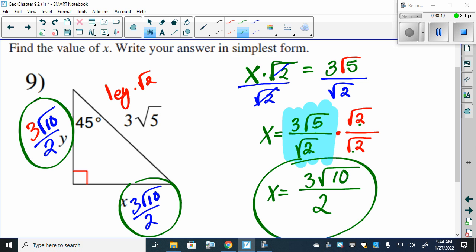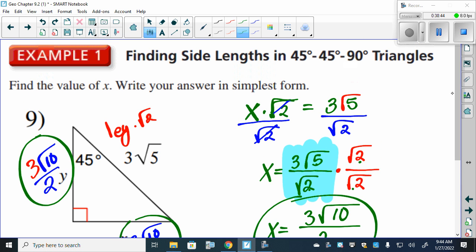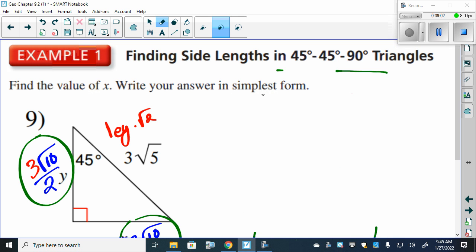No. And that's what's really nice with this here. That's why they put a big emphasis on these 45, 45, 90 right triangles. No matter what the lengths are, they still hold this property true. That the two sides opposite the 45-degree angles are going to be the same. And the hypotenuse is going to be whatever that is times the square root of 2.